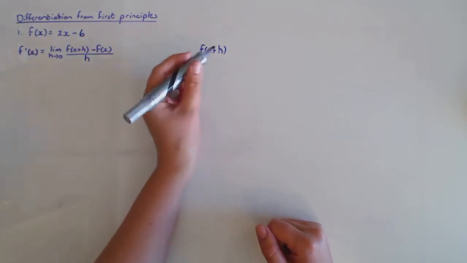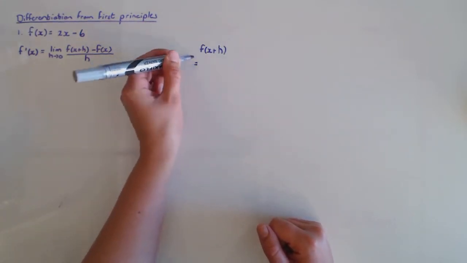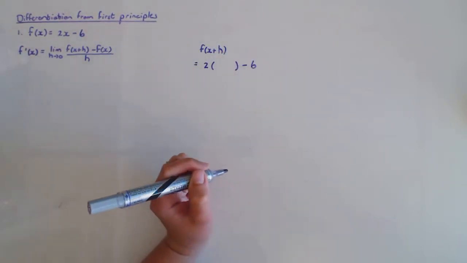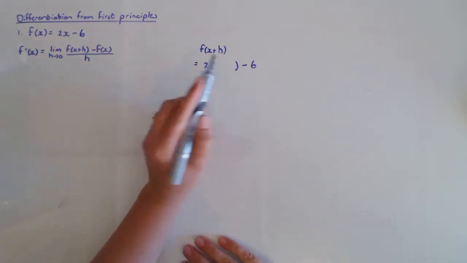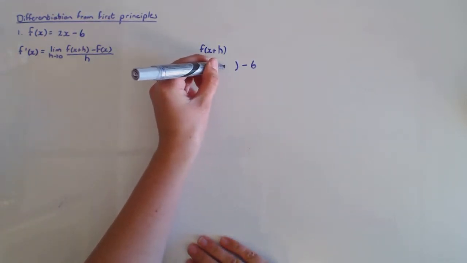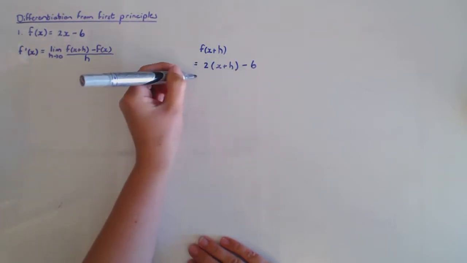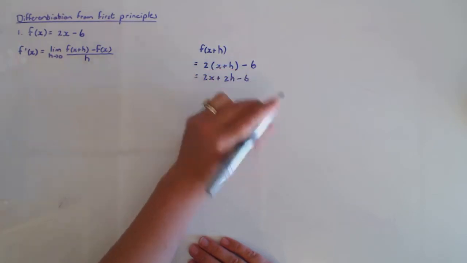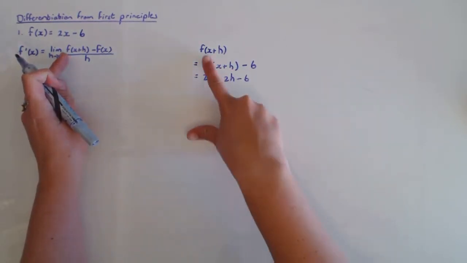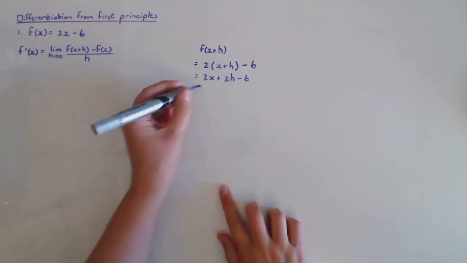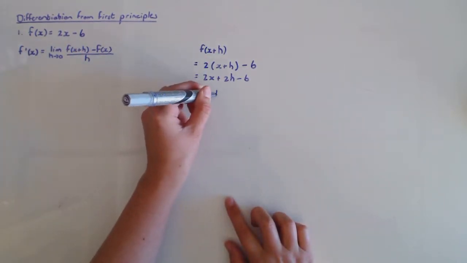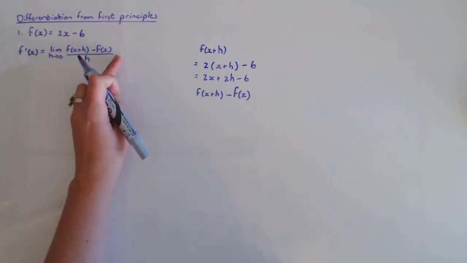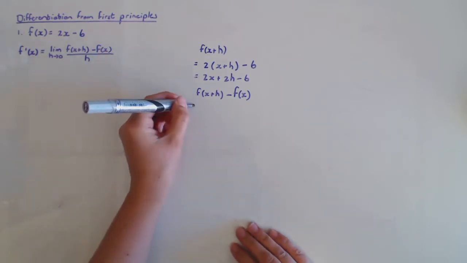So I'm going to just substitute x plus h here on the side. So in my function, which is 2x minus 6, in the place of the x, I'm going to substitute x plus h. And then I'm just going to simplify this to 2x plus 2h minus 6. And then I'm also going to take this f(x plus h), which I have now, and from that subtract f(x), because I'm actually just working out this numerator there on the side.